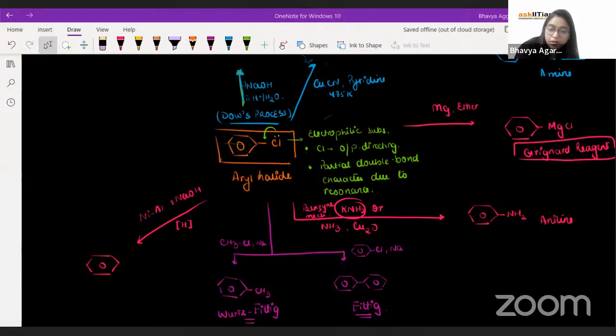Now I can use chlorine in the presence of dark and FeCl3. In that case, I'll be using its ortho-para directive influence, and I'll be inserting another halogen.